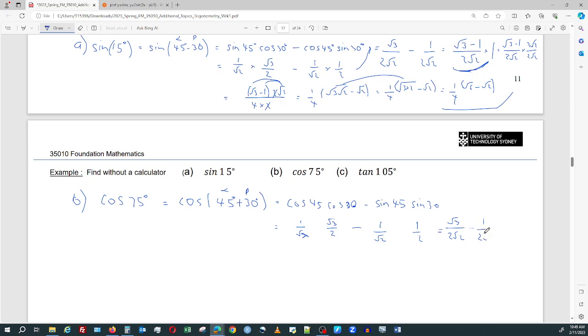Same family. So if you want to, you can write root 3 minus 1 over 2 root 2. And if you notice, that was this answer here. So this is also the same, and I'll leave you to do the working.